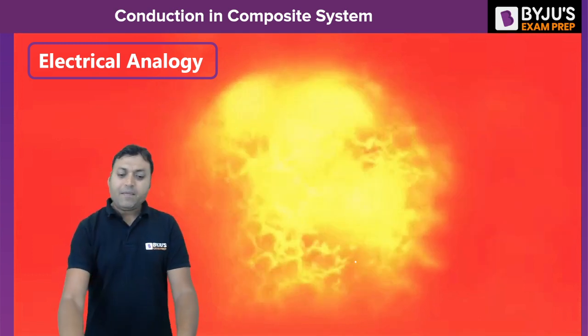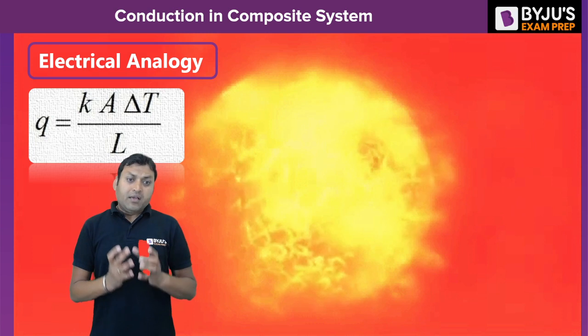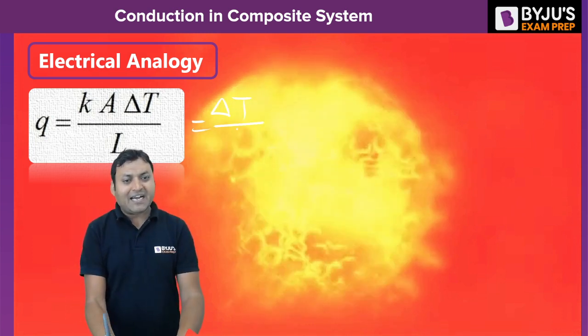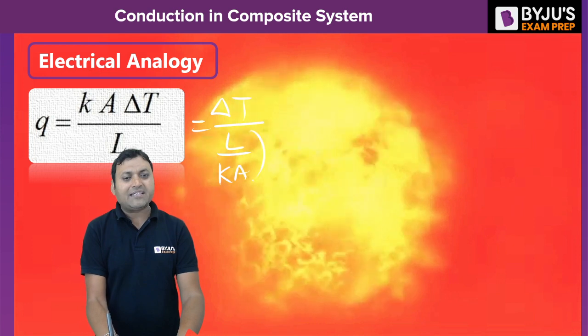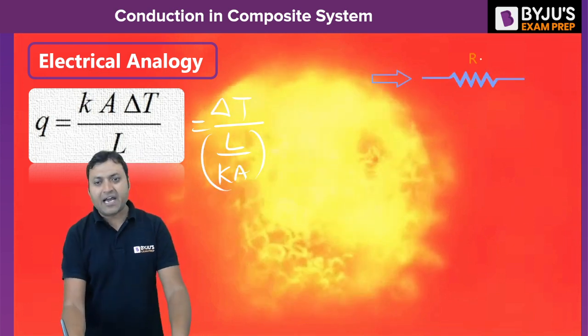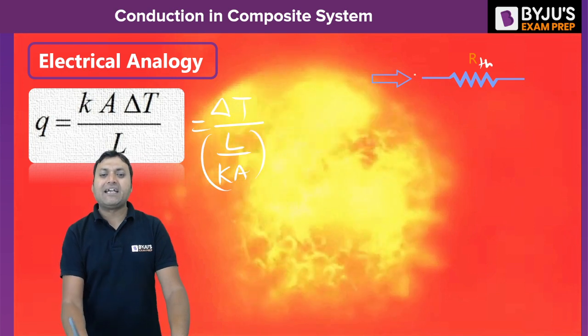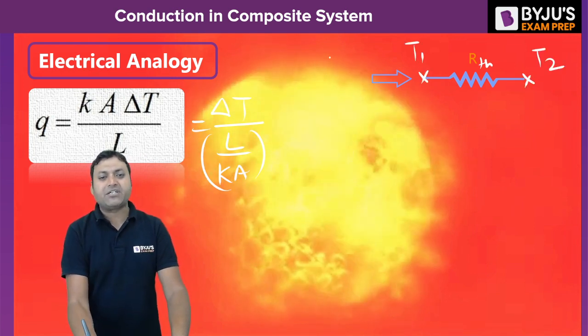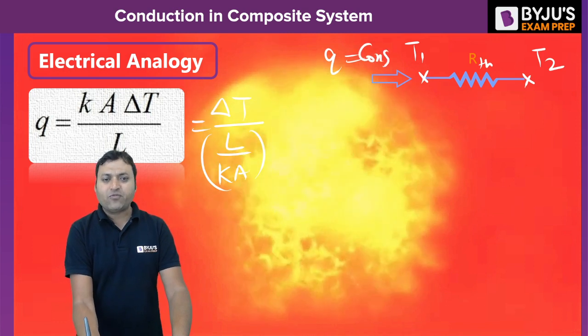So if we relate it with the circuit diagram, we can write it as delta T upon L by KA, isn't it? If we draw the thermal circuit diagram, the thermal resistance is RTH, the inner surface temperature was T1, the outer surface temperature T2, and the heat transfer rate was constant.